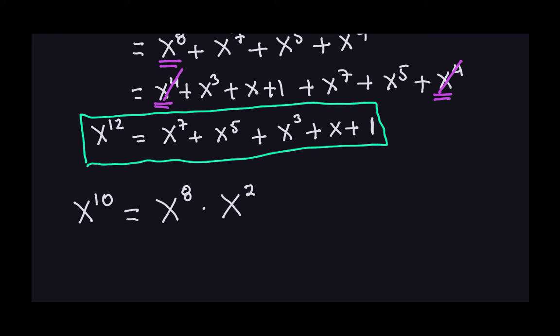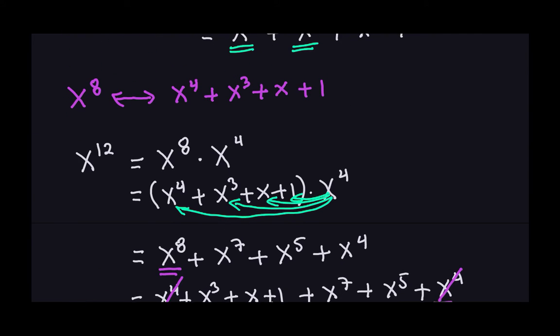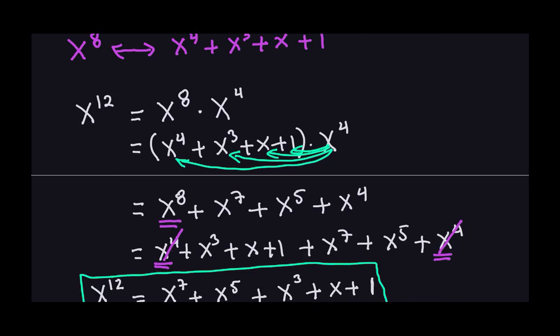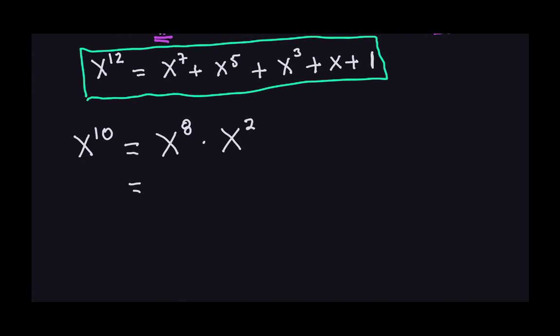Again, I'm using the rules of exponents, and I'm going to do exactly the same thing. Instead of using x to the 8th here, I'm going to use this polynomial, x to the 4 plus x cubed plus x plus 1. So I'm going to write it down over there: x to the 4th plus x cubed plus x plus 1, multiplied by x squared.